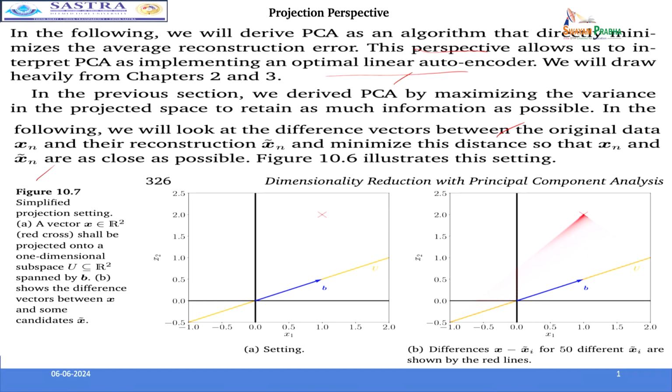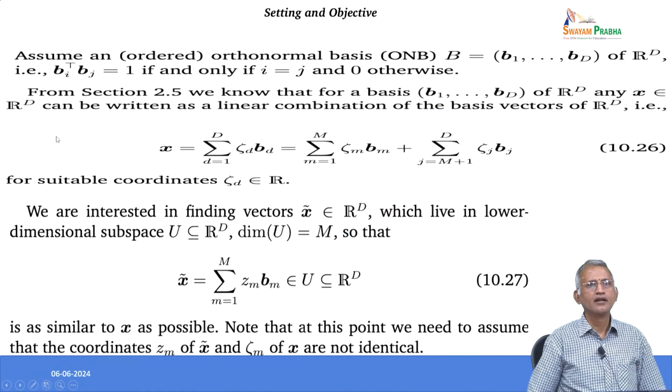The difference vectors x minus x bar are shown in the red line. So, this is the picture representation of the simplified projection setting, and we have a setting and objective of the problem.